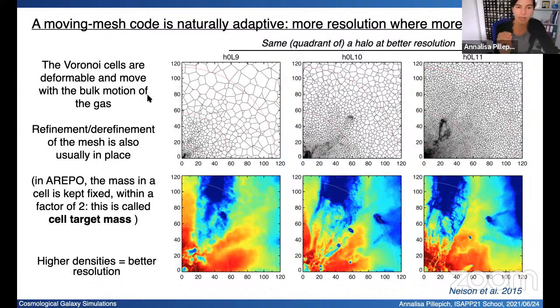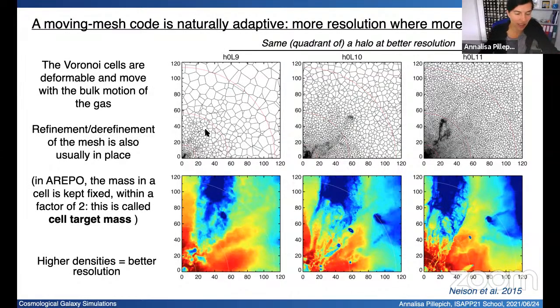And we call it the target mass. And this is a choice of the simulator. And this gives you the resolution, say, of a simulation. So for example, here you see the same quadrant of a halo, at better and better resolution going from left to right. On the top is the Voronoi tessellation. On the bottom is the density field, okay.